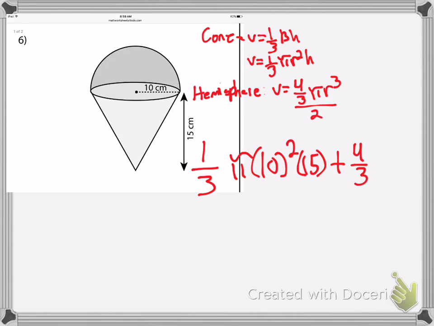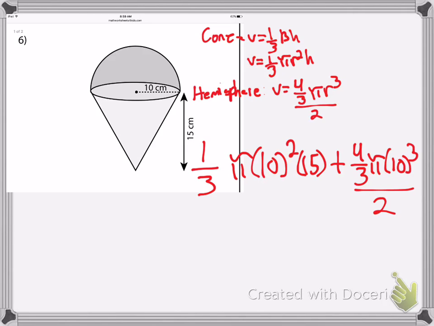4/3 pi times 10 cubed divided by 2, because it's a hemisphere. Alright.